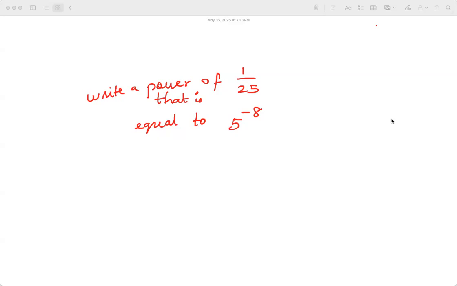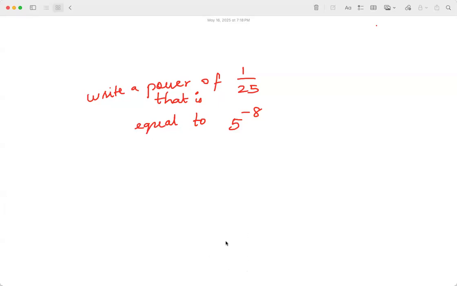Is my answer correct? Yeah, I think so. Correct. You want to explain? I can't annotate, I'm on a Chromebook. Okay, go ahead.